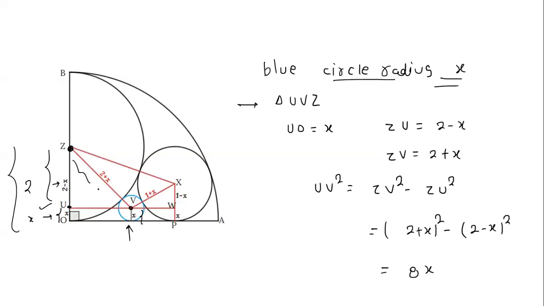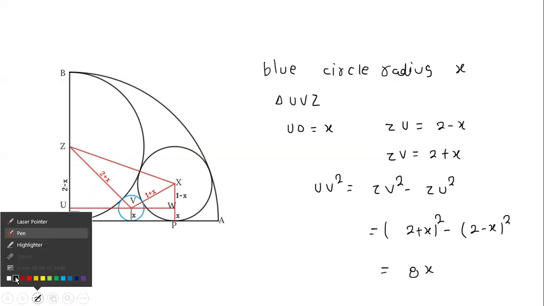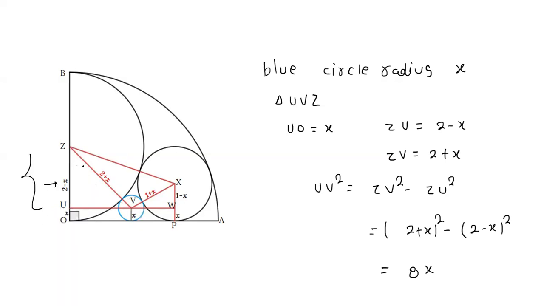We know this distance is 2 and this inner distance is x, so this whole distance ZV will become 2 plus x, which is this. And we know ZU is 2 minus x, which is this. So we can calculate this UV distance after applying the Pythagorean theorem in the triangle UVZ, because we know this is a right angle triangle.